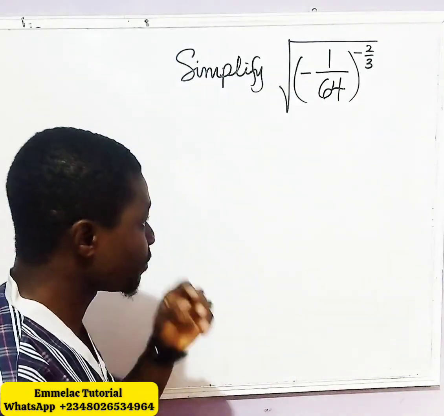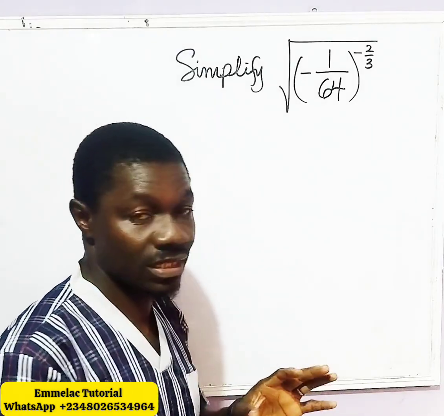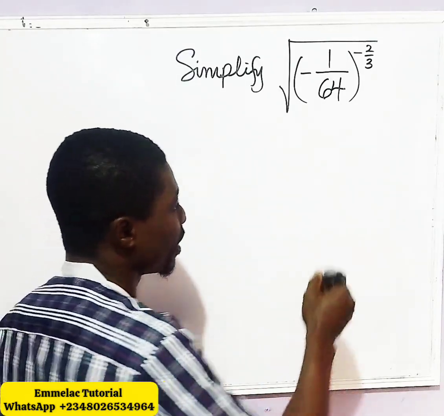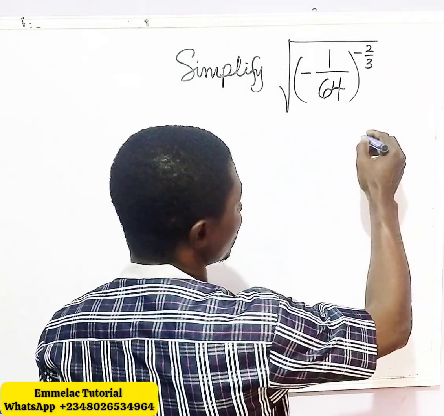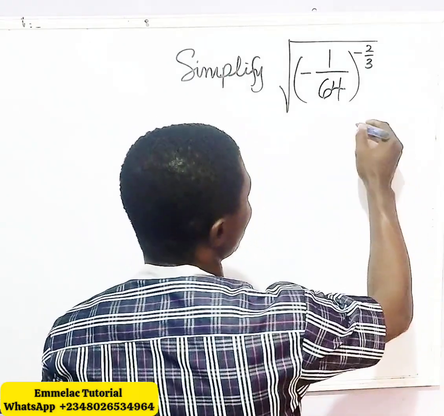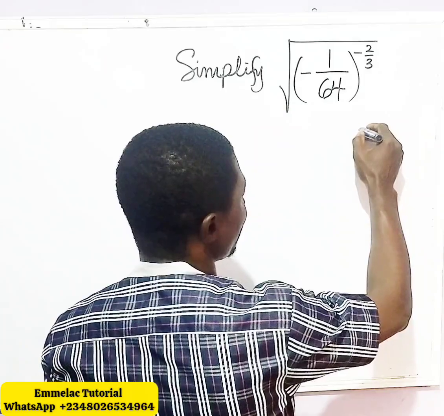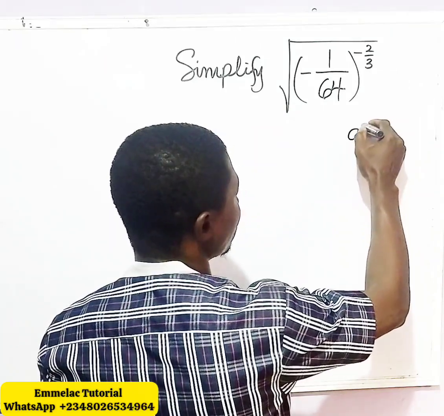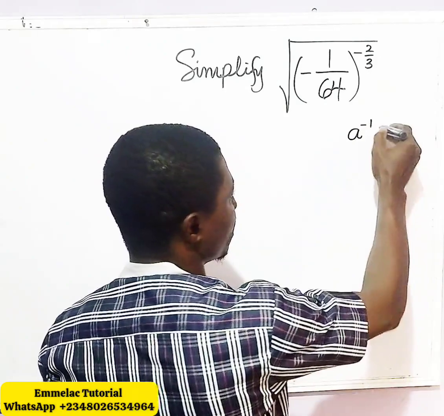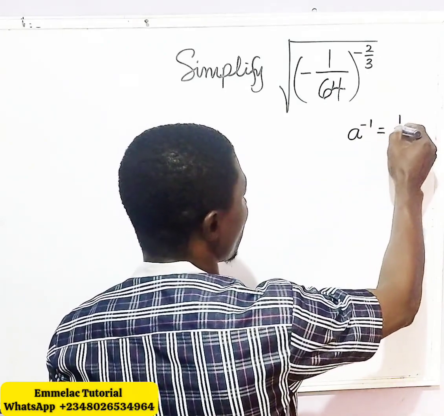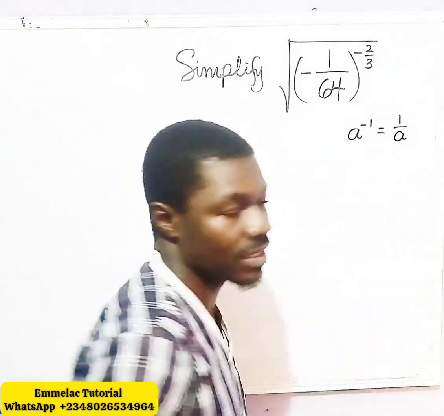Now first of all, let's recall this rule that says, according to indices, if you have a raised to -1, this is the same as saying 1 all over a.